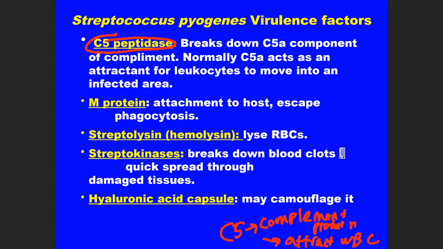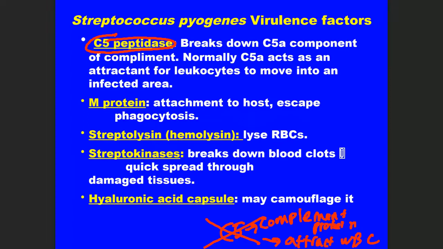If you're infected with bacteria or viruses somewhere in your body, you want to attract white blood cells into that area so that they can phagocytose them. C5 can actually act like a perfume, attracting these white blood cells to the area. Well, this bacteria produces an enzyme that destroys that, preventing these white blood cells from moving in.